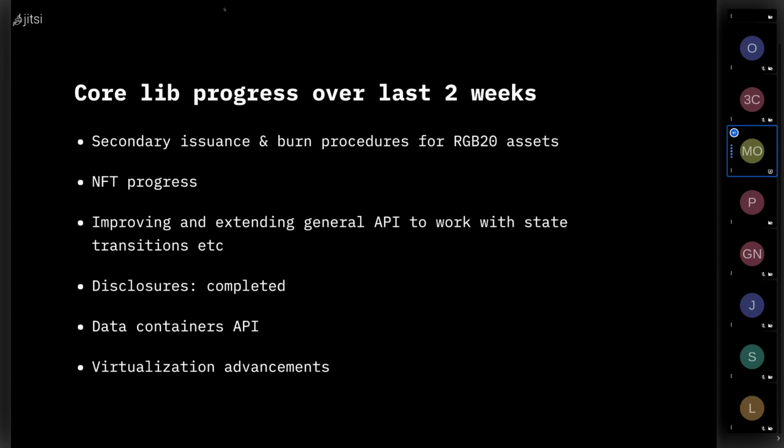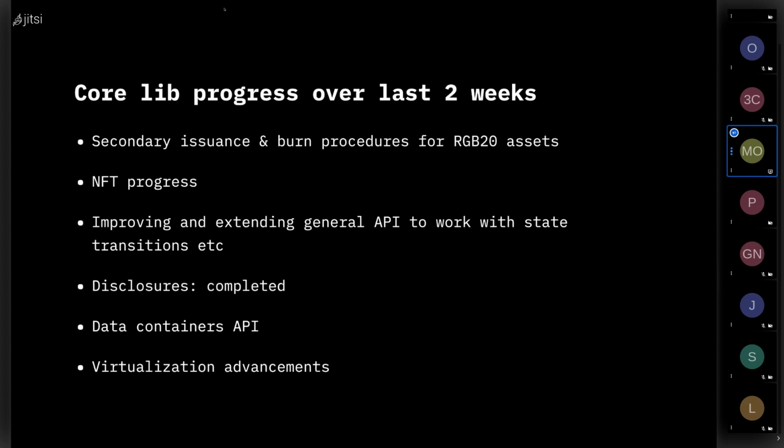First of all, we have quite a big progress with large-scale changes in the core library. The reason for those changes was the fact that we were working on the secondary issuance and burn and replace procedures for RGB20, which are fungible tokens.